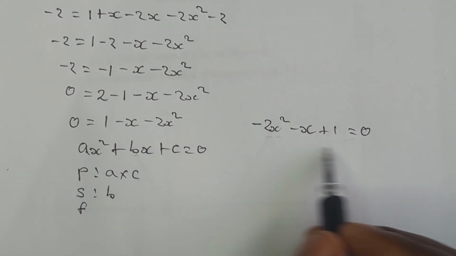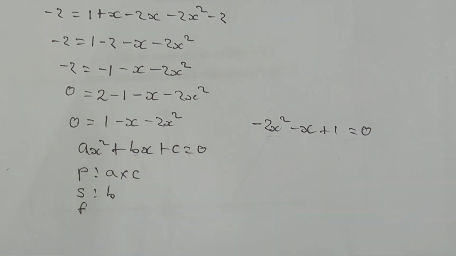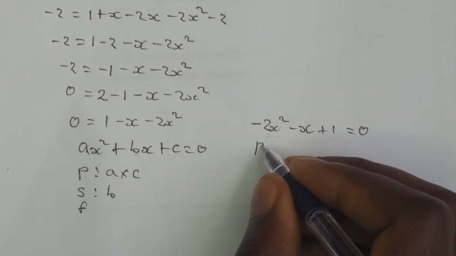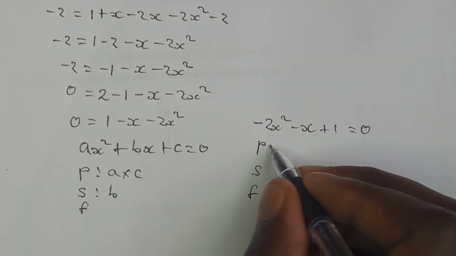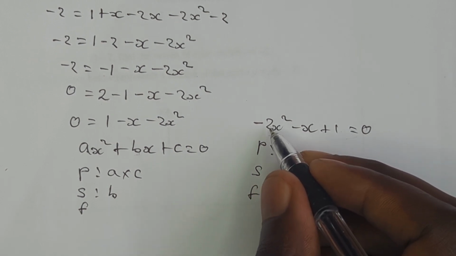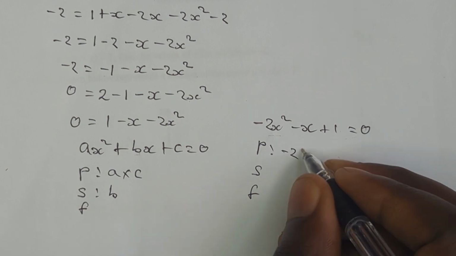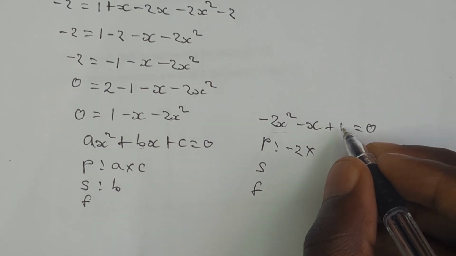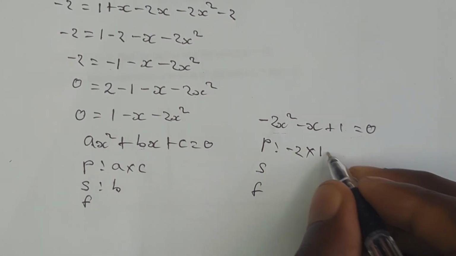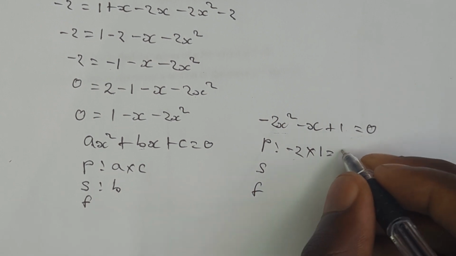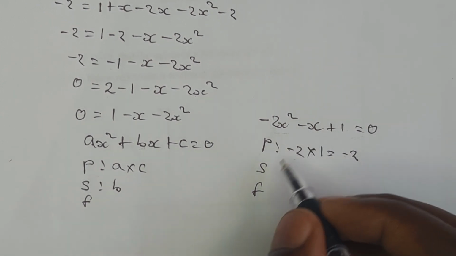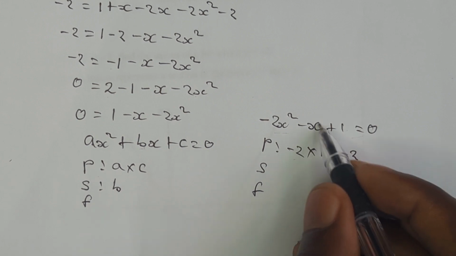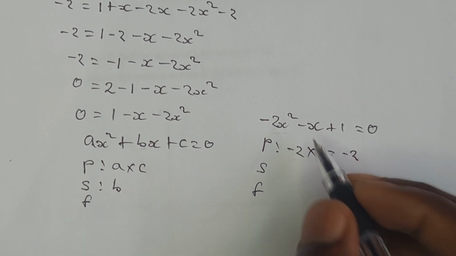Now that this equation is in this format, we can proceed to find the product, sum, and factors. Our product, we multiply the coefficient of x squared, which is -2, by the constant number, which is 1. So -2 multiplied by 1, it will be -2. The sum, we are getting the coefficient of x, that is -1.